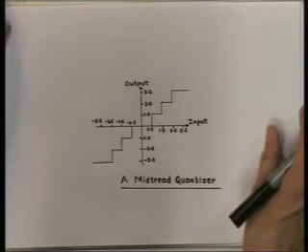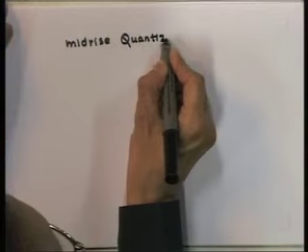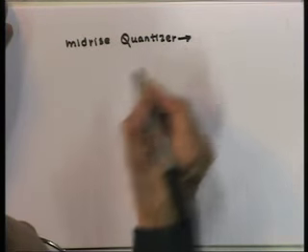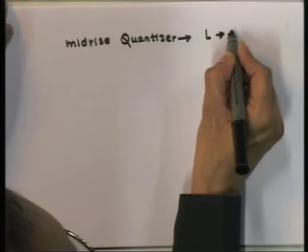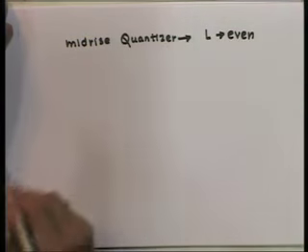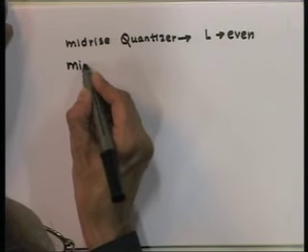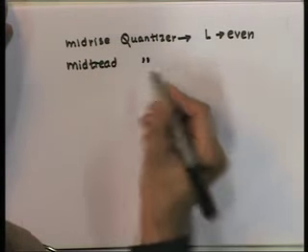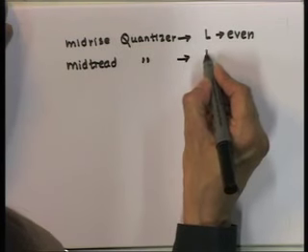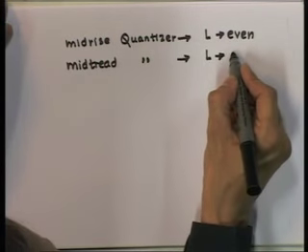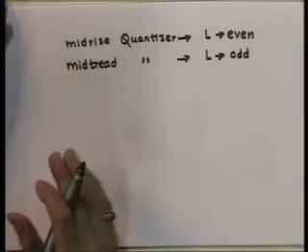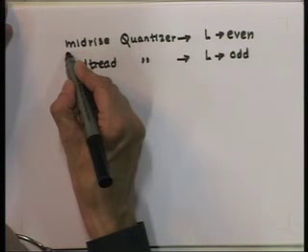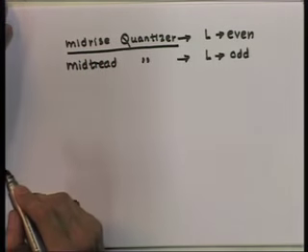Usually, we use a mid-rise quantizer if the number of reconstruction levels, that is L, is even, and we use a mid-tread quantizer if the number of reconstruction levels is odd. Now, for our discussion, we will assume a mid-rise quantizer.